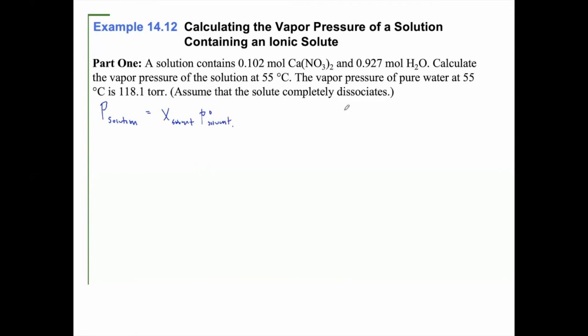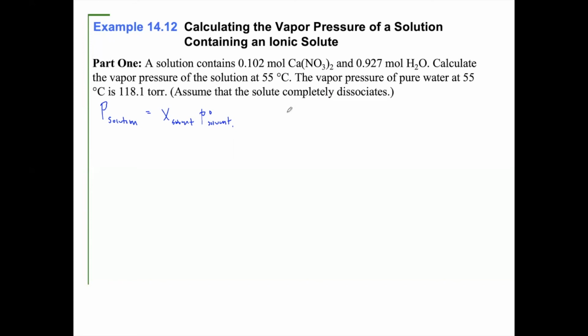This is actually not as hard as it looks. It's just that, based on what we just learned about the Van Hoff factor, we have to accommodate for the fact that when an ionic substance dissolves in water, you end up with more moles of ions than you had of the original formula unit.